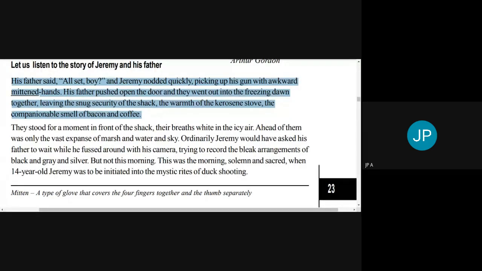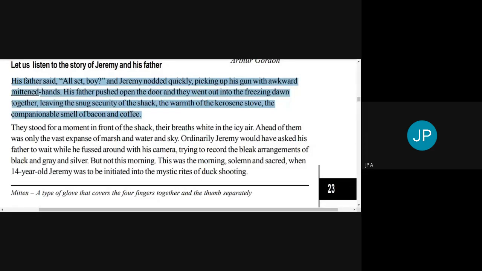So that the hands do not become numb, they wear what is known as mittens. Mittens means gloves. It is made of cloth, thick woolen cloth. So he is holding the gun in his mittened hands, and they are going out into the freezing dawn.